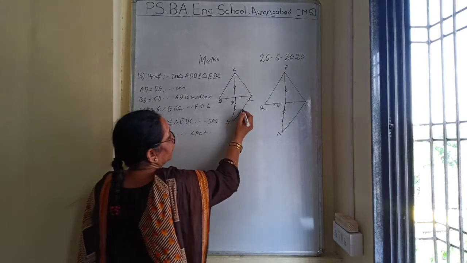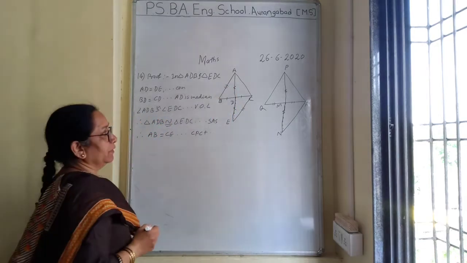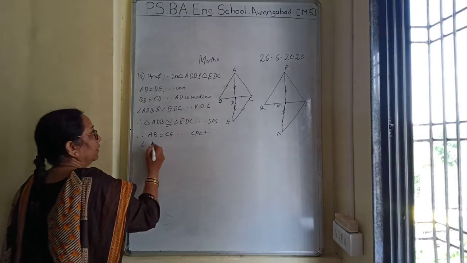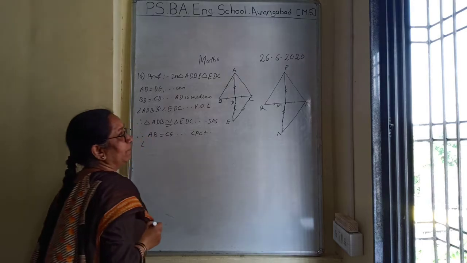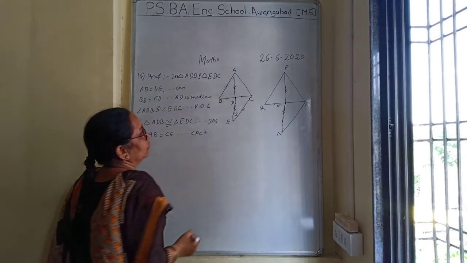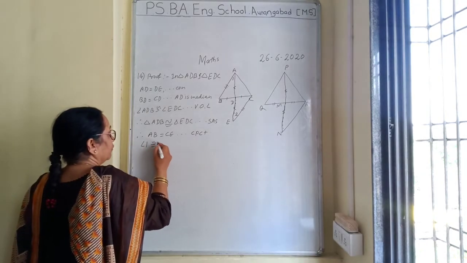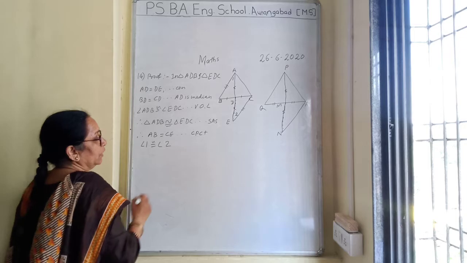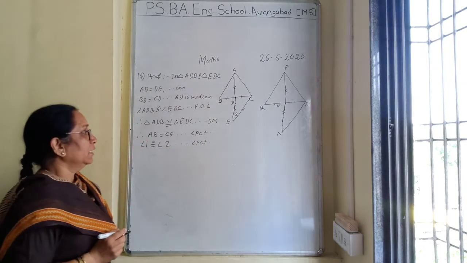So these two we got same. CPCT. Angle. Now this I will write as angle 1. BAD is angle 1 and CED is angle 2. Correct? Therefore, angle 1 is congruent with angle 2. This is also CPCT. Correct?